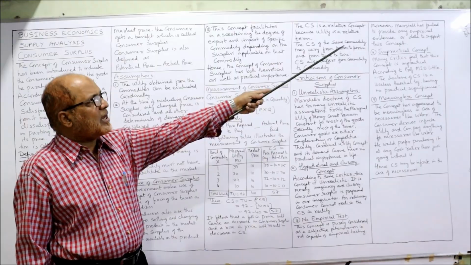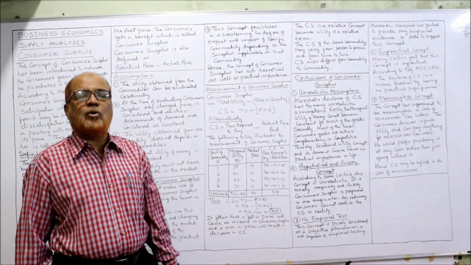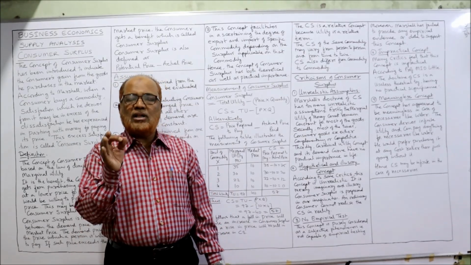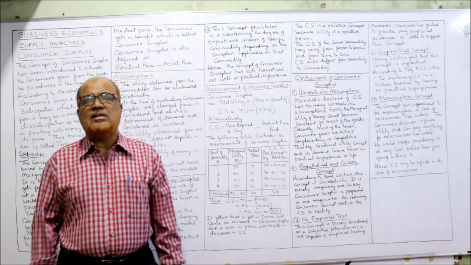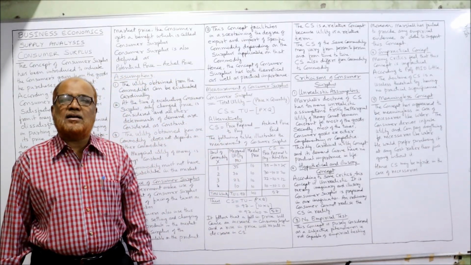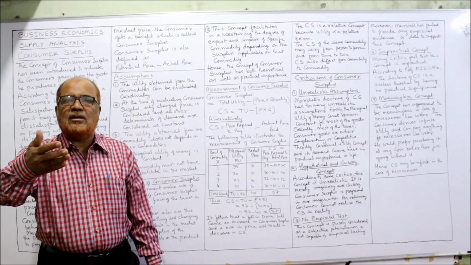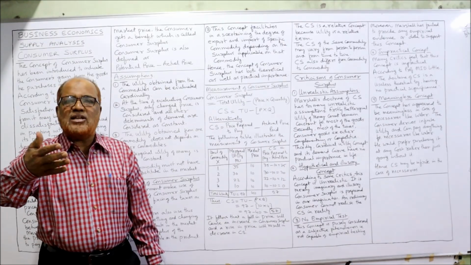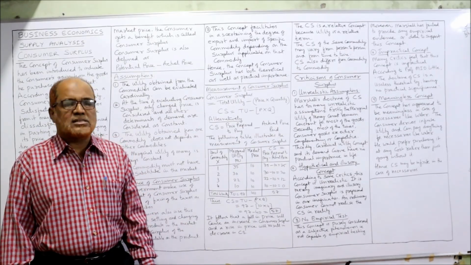Moreover, Marshall has failed to provide any empirical evidence or data to support this concept. Whatever theory Marshall gave, he has not supported it by any practical test or practical data. Simply he has given the feelings, the imagination, the satisfaction, but no empirical test.